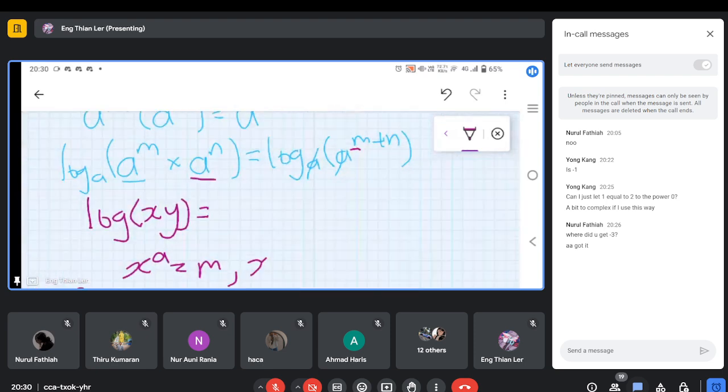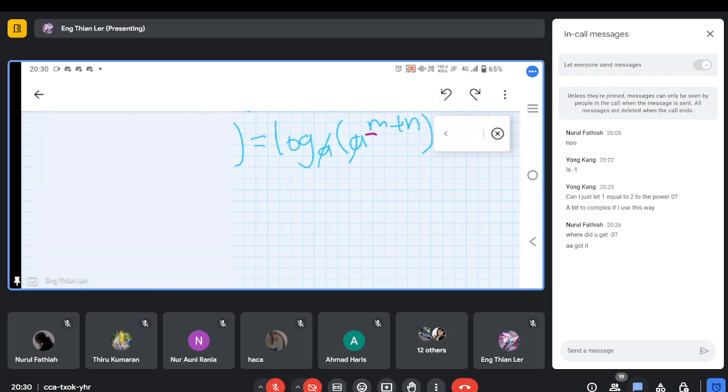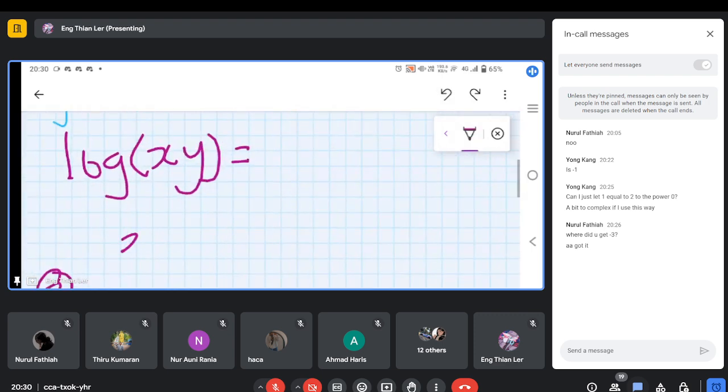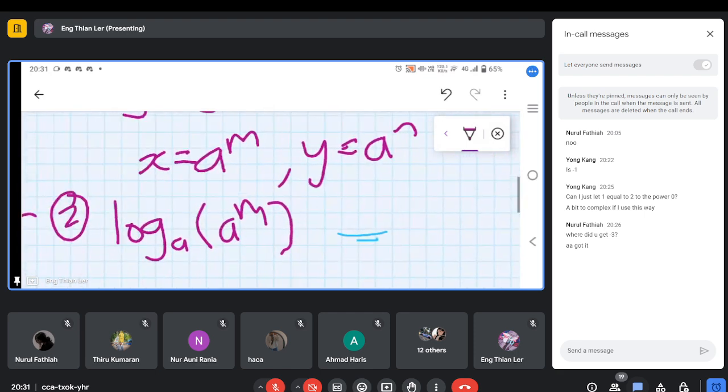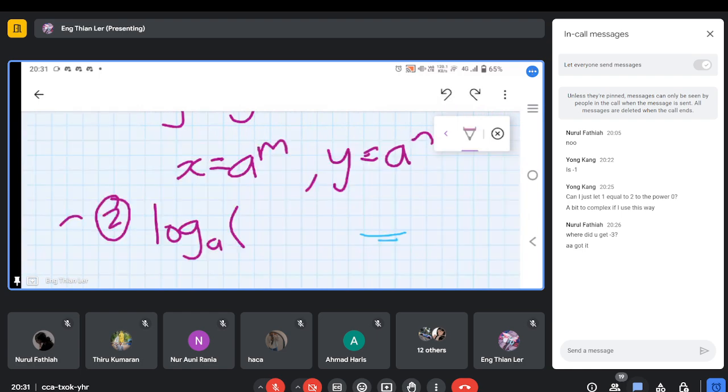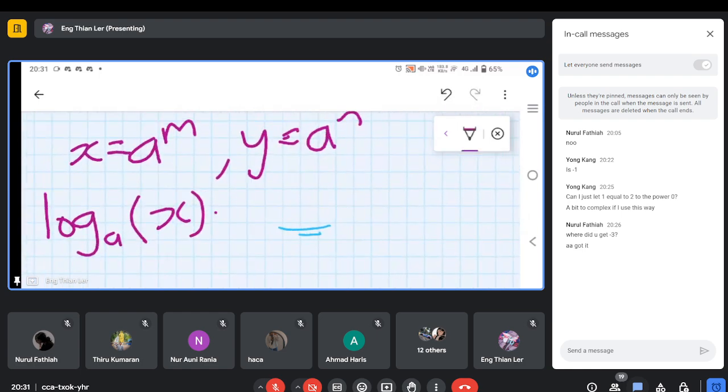Okay, x equals a to the power m, y equals a to the power n. So if you take the log base a of x, this will equal m.